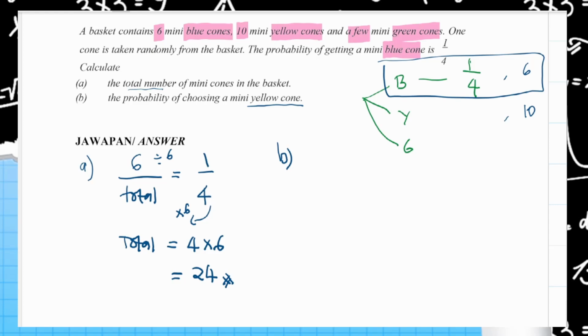And for the sample space, we have 1, 2, 3, 4, 5, 6, 7, 8, 9, so we have 9. Just put in the formula: 3 over 9. Simplify to the simplest form: 1 over 3.